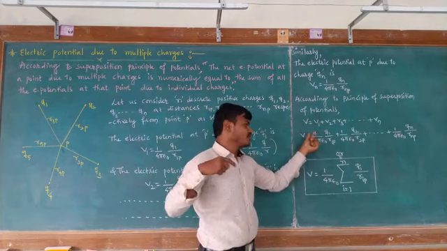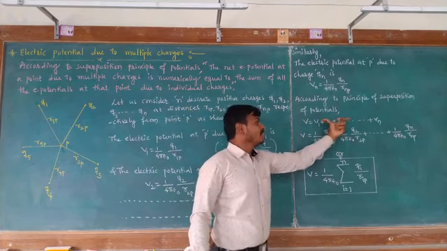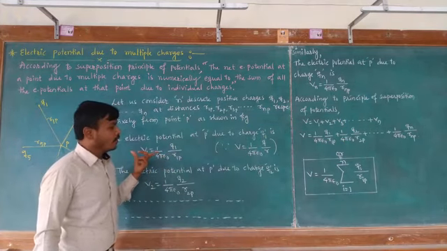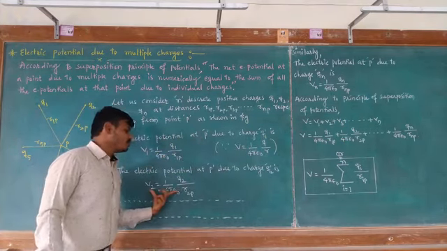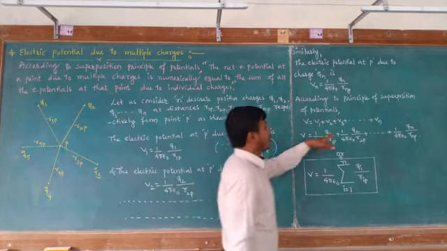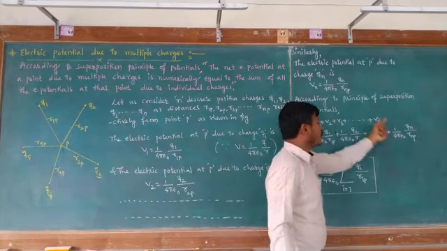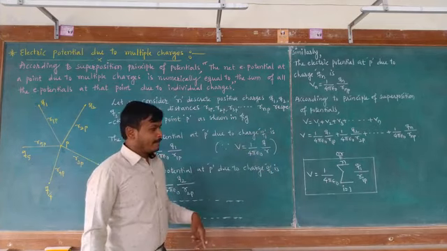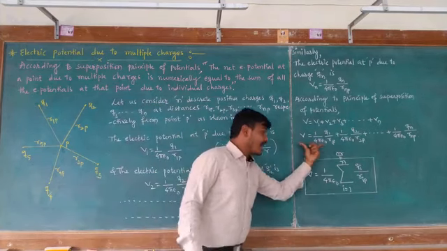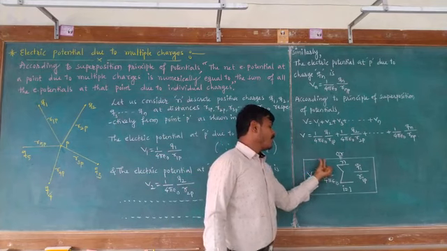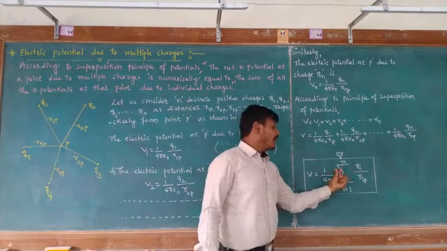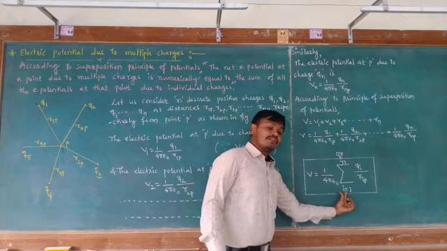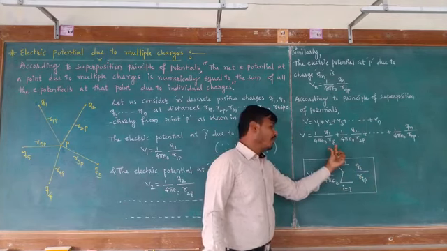And the next one, in this summation, in place of V1 we substitute this value, in place of V2 we substitute this value, so on up to in place of Vn we substitute 1 upon 4 pi epsilon naught Qn divided by RnP. In other words, this equation can also be written as V is equal to 1 by 4 pi epsilon naught under summation Qi divided by RiP, where the summation runs from i equal to 1 to n.